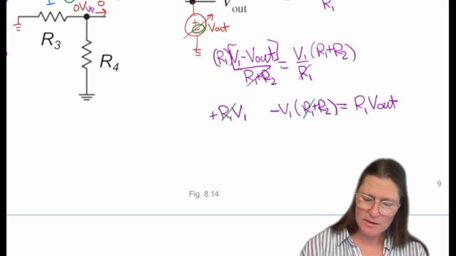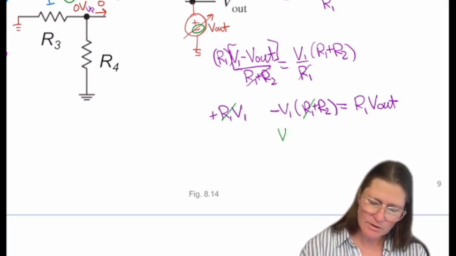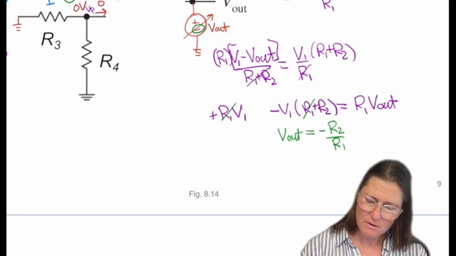And I get that V out is going to equal minus R2 over R1 times V1.